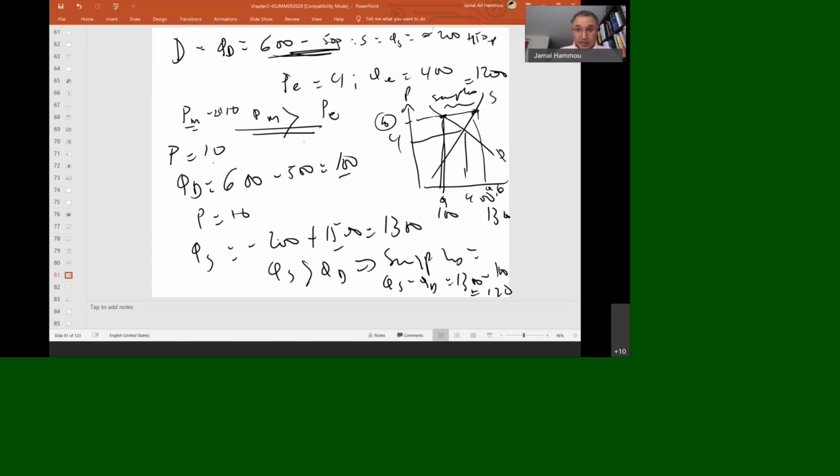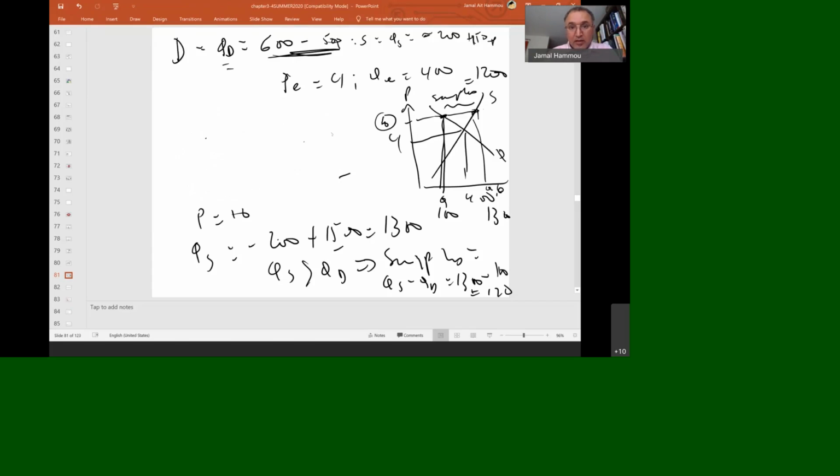Okay. So if we don't have equilibrium, what does that mean? It means that QD and QS are not equal. I know this is the equilibrium.